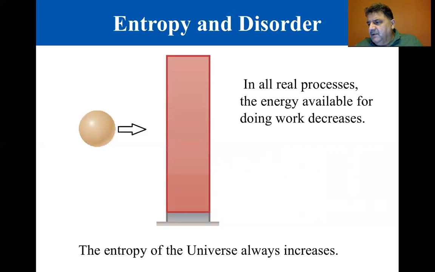Ultimately, the entropy of the universe should reach a maximum. When it does, the universe will be in a state of uniform temperature and density. All physical, chemical, and biological processes will cease because a state of perfect disorder implies no available energy for doing work. This gloomy state of affairs is sometimes referred to as the ultimate heat death of the universe. But don't worry about it. It's not coming for a long, long time.